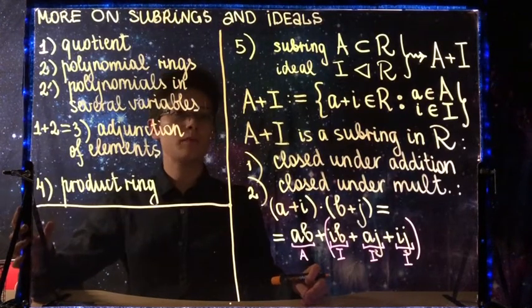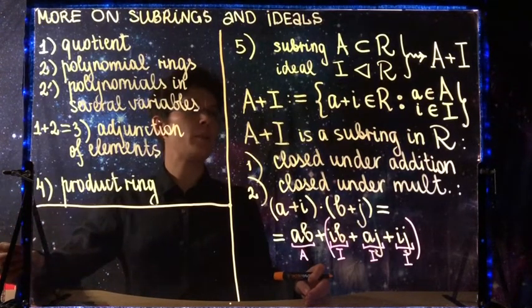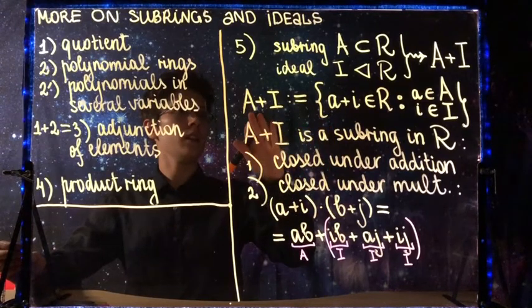What are some observations that we can make about A, I and the relation of A plus I?